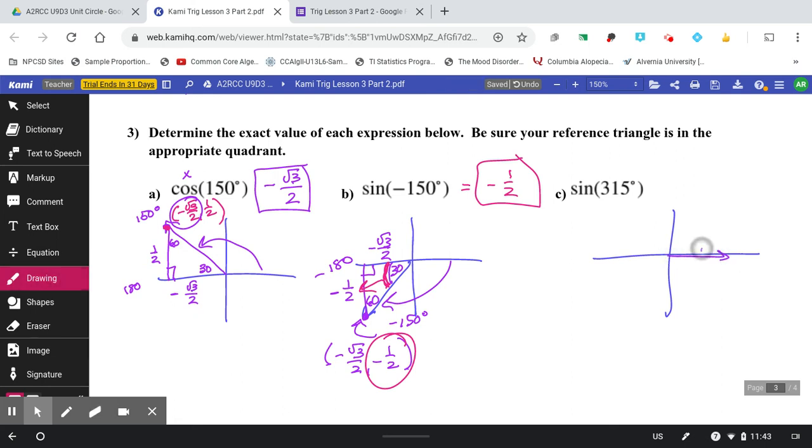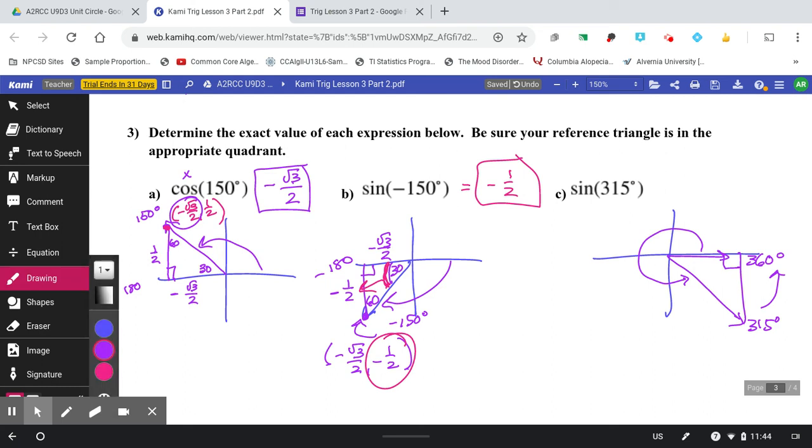Okay, so 315 would go all the way around and end in your fourth quadrant. So this is 315 degrees. Remember how to find a reference angle: you're looking at how many degrees it takes to get back to that x-axis. So my reference angle is going to be 45 degrees, which makes this a 45, 45, 90.